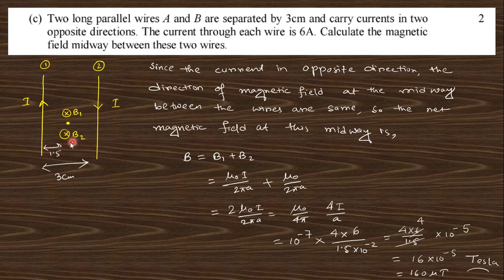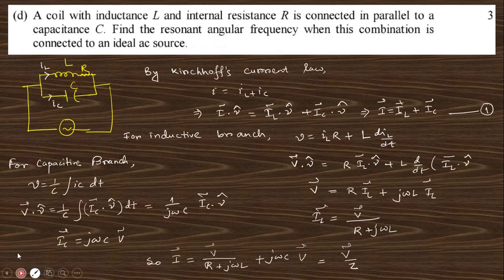The magnetic field due to each wire is mu 0 I by 2 pi a, so these two are equal. Putting this value, you will finally get 160 micro Tesla. Go to the next one.